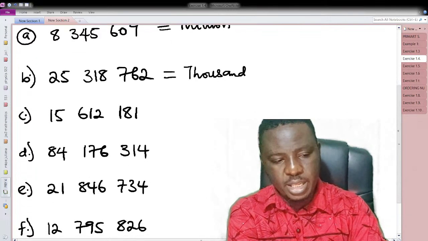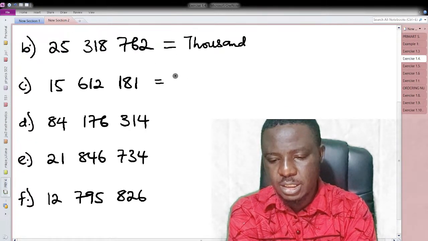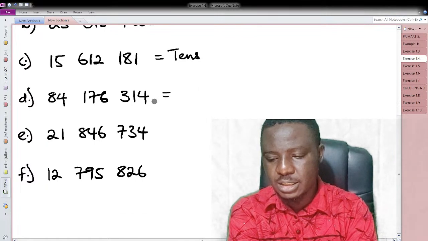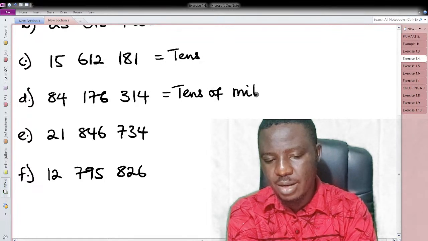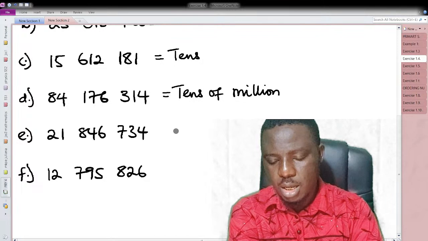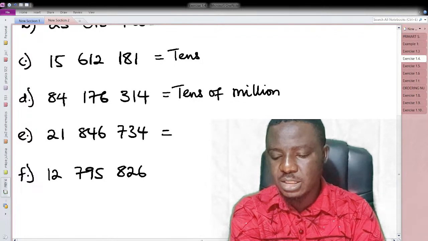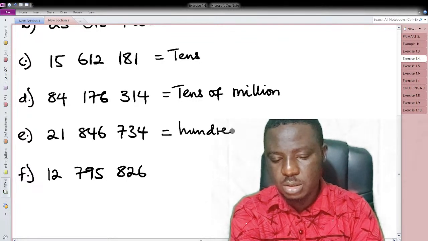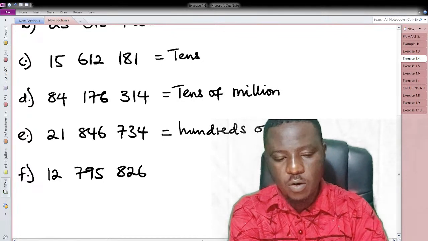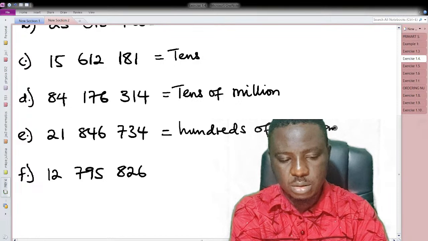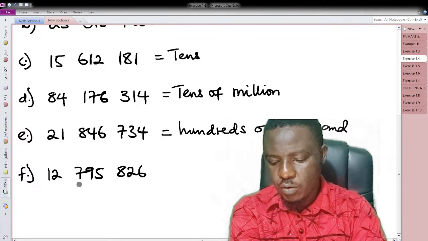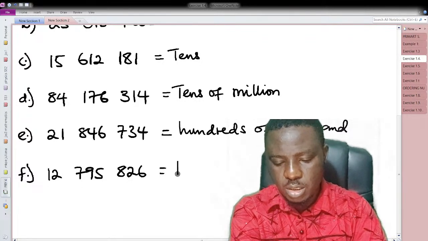The place value for 8 in C is said to be the tens, while the place value for 8 in D is said to be the tens of millions, and the place value for 8 in E is said to be the hundreds of thousands, while in F, the place value for 8 is said to be hundreds.